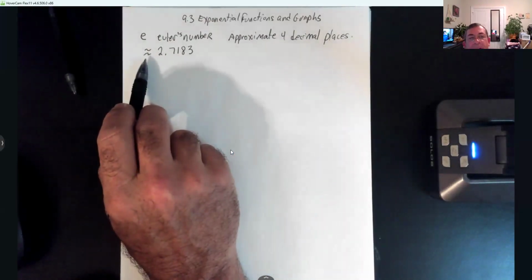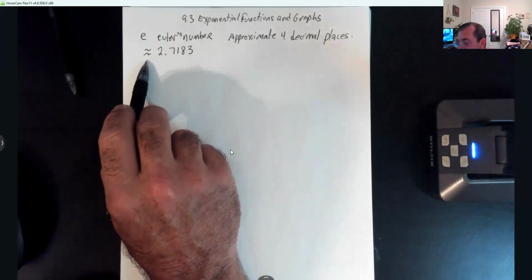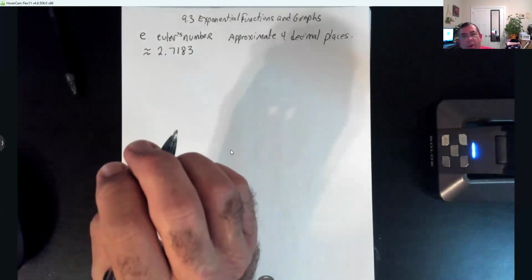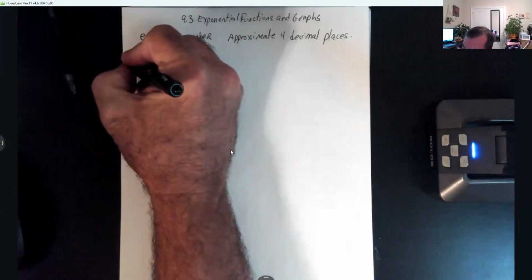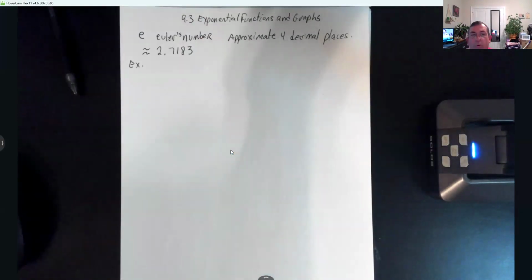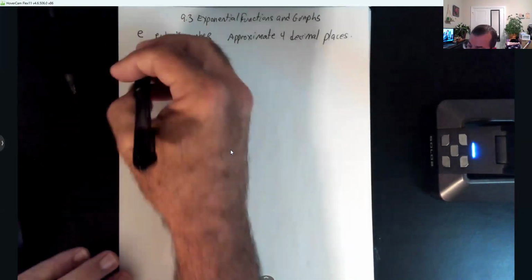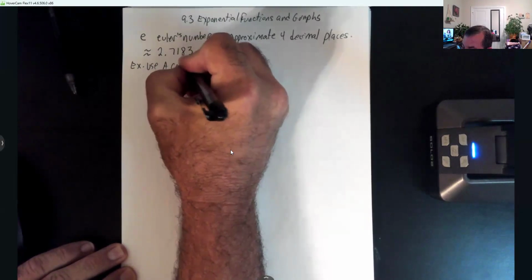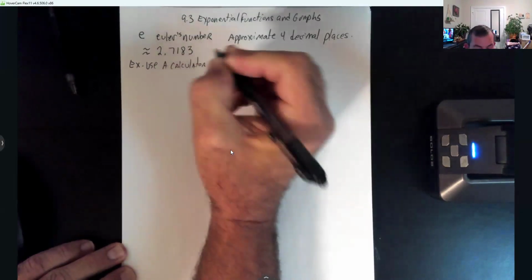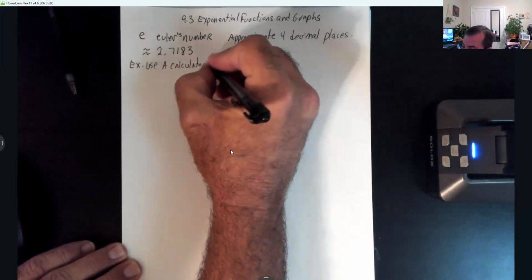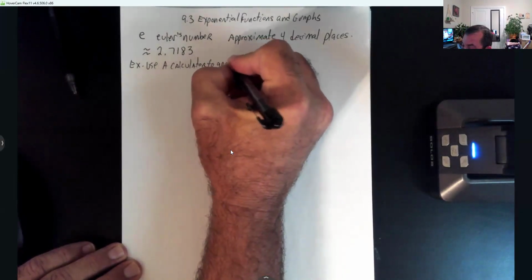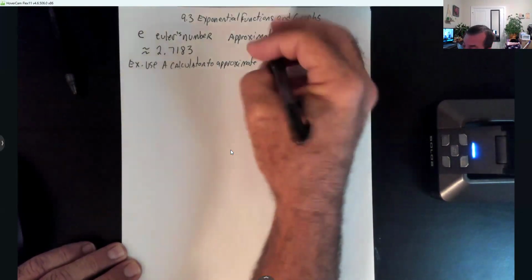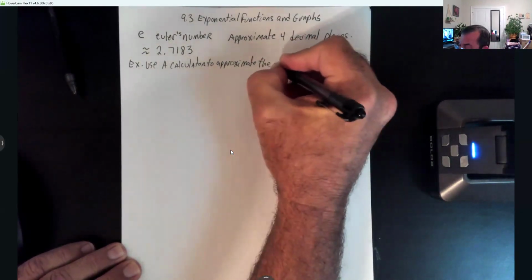When you see curvy parentheses, that means you're approximating the answer or rounding it off. In these exercises to start, there are 2 problems, and they want you to use a calculator to approximate the exponential expression.